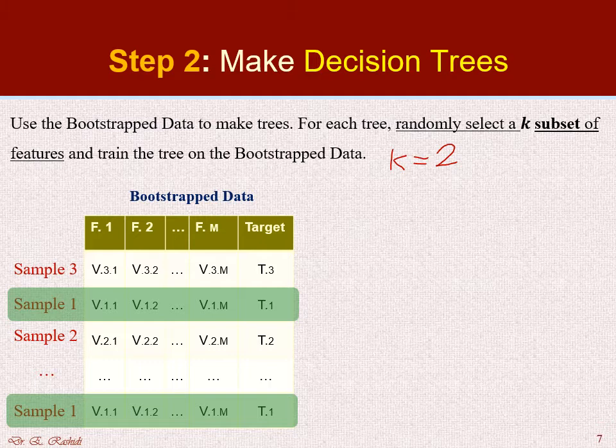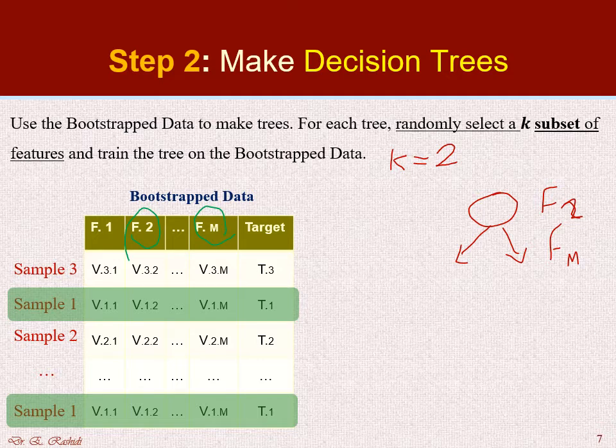So the first step is to select two random features here. Suppose I select feature number 2 and feature number m. Then I make a decision tree here. This is the first node. On this node, I try feature number 2 and feature number m and see which of these two features give me the best split.